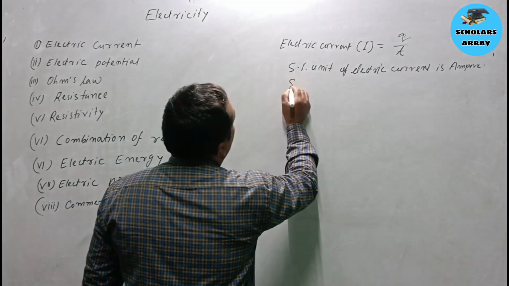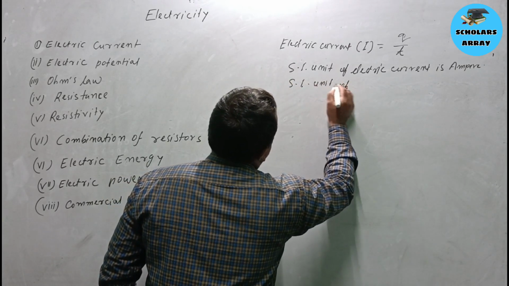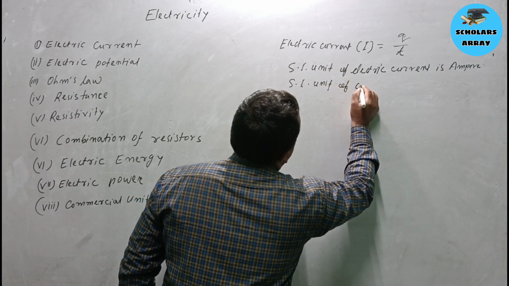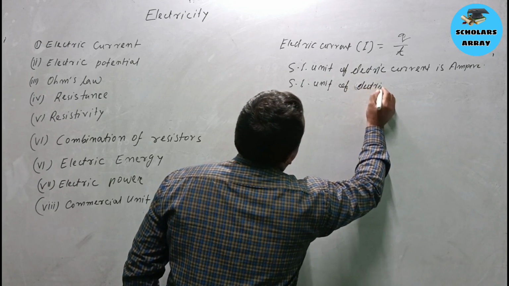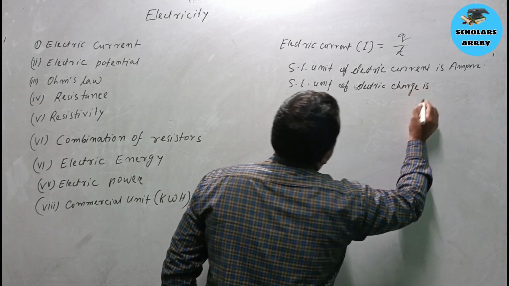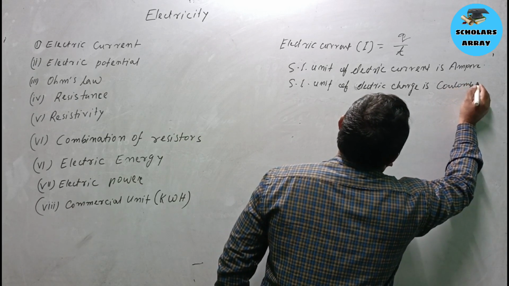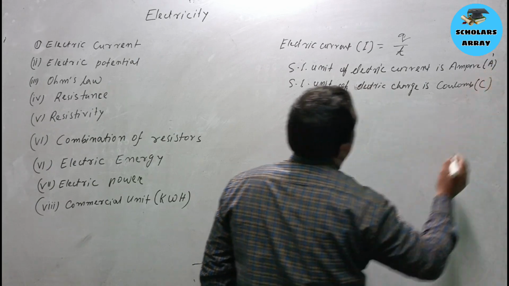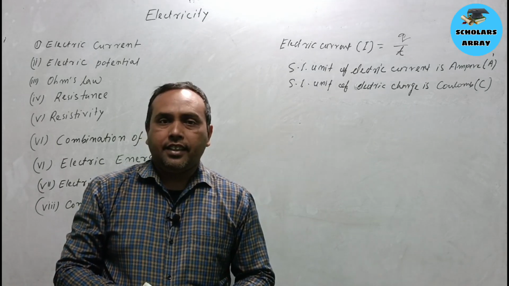SI unit of electric charge is coulomb. So it is denoted by capital C. Ampere is denoted by capital A. And SI unit of time, you all know it is second.